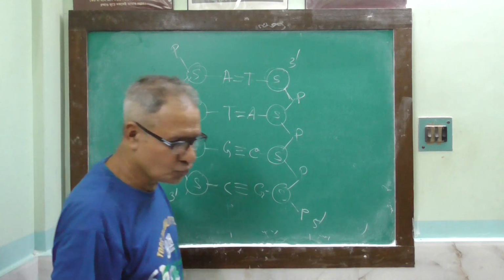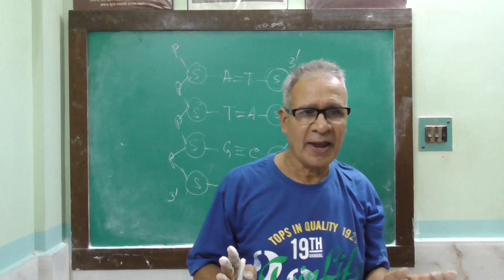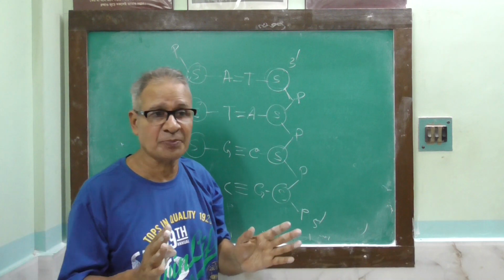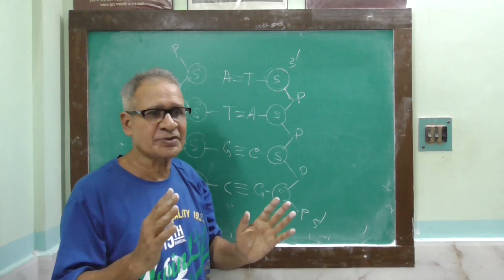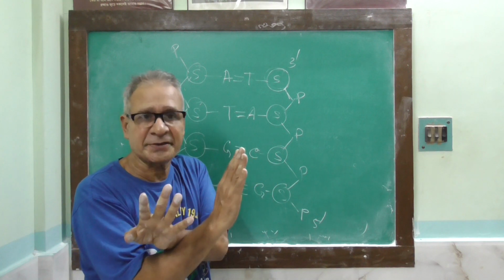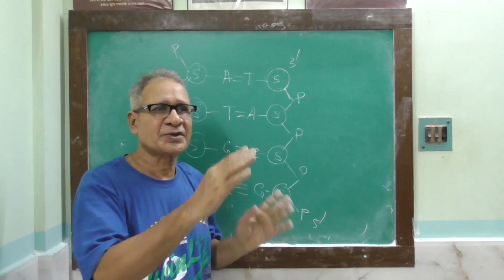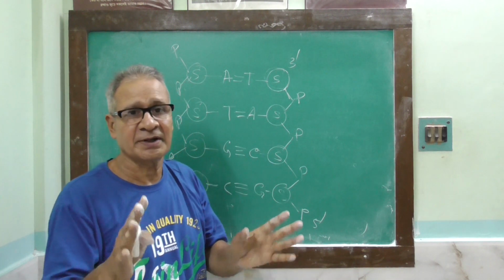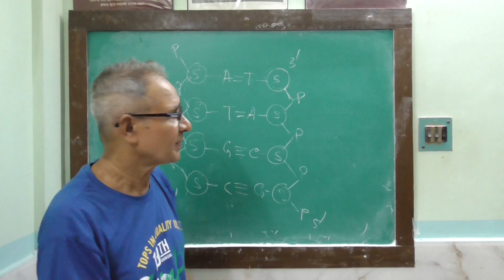In this way, 2 strands are formed, and after the formation of 2 strands, it coils in a particular way, that is mainly right hand side, at regular intervals to form such a double-stranded helically coiled structure.